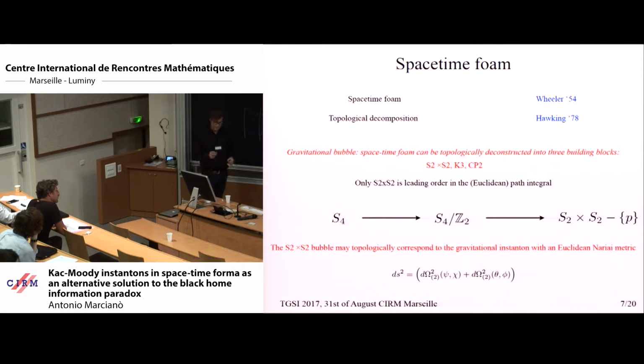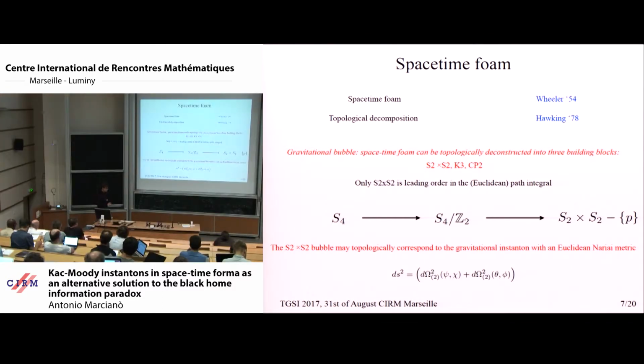And then take a point in the neighborhood of the two. These are around 2 points which are, for instance, on the equator of SO4. And then send the point to infinity, and then you find the manifold, which is topologically SU2 cross SU2 minus P, which physicists call SU2 cross SU2, period. The metric on it is an Nariai metric.